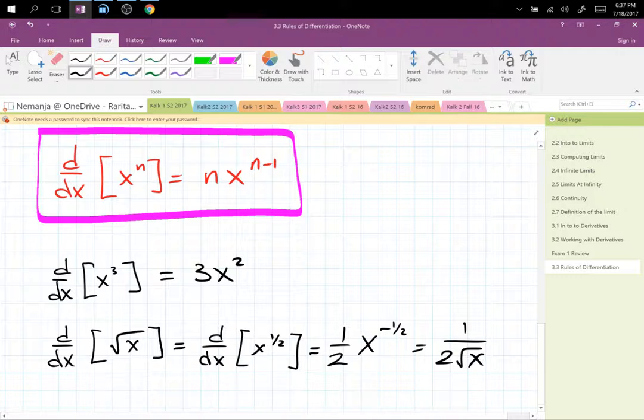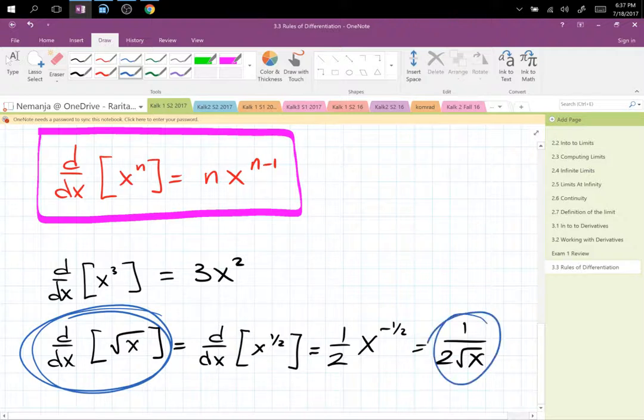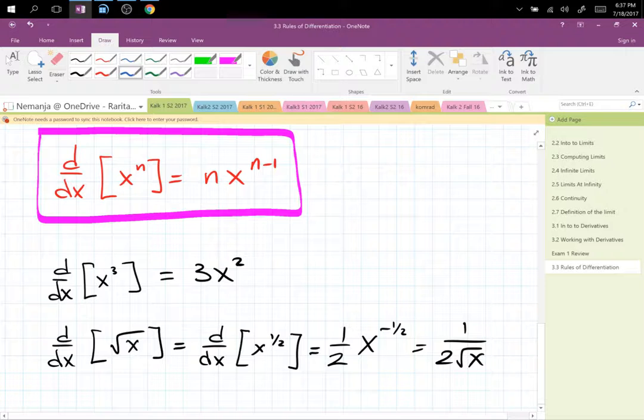So some people just memorize because it's a very, very frequent derivative, that the derivative of root x is this. But you see that you're actually using the rule above to solve the problem because it's just minus 1, right? So in this particular problem, we rewrite the problem first to put it in a form where it's easy to use our rules, and then we move along with the problem.